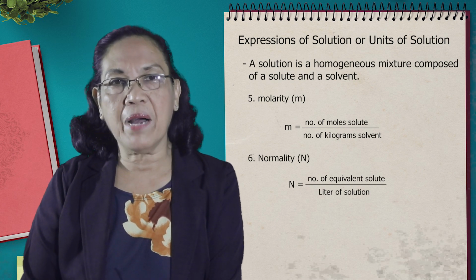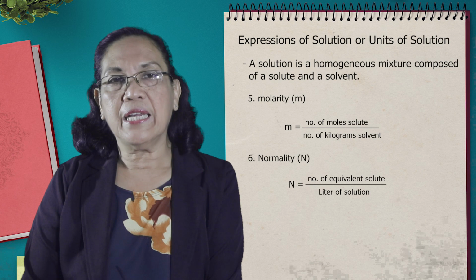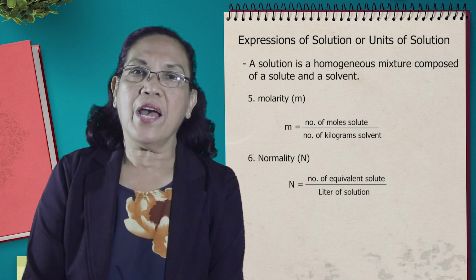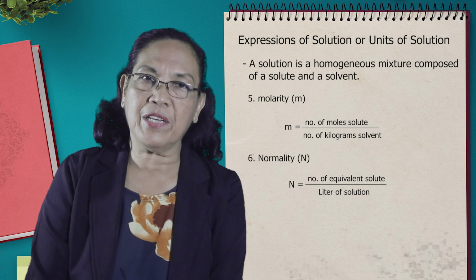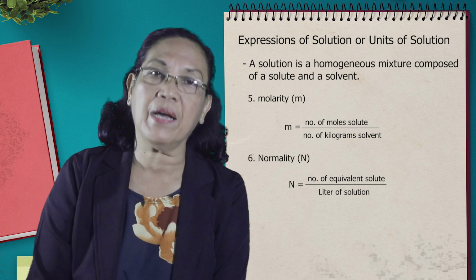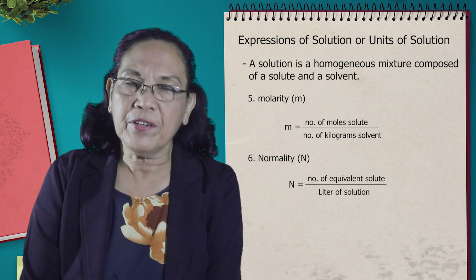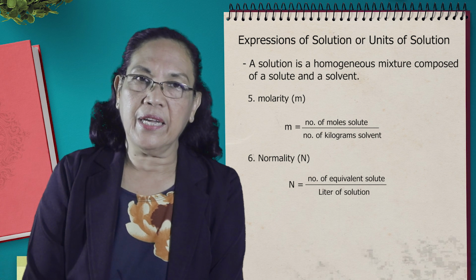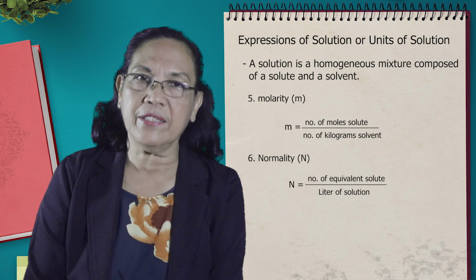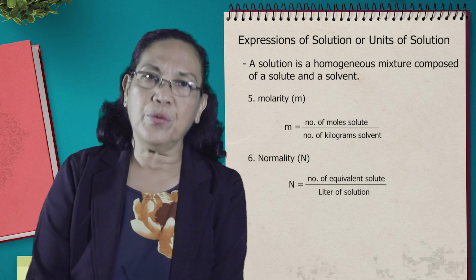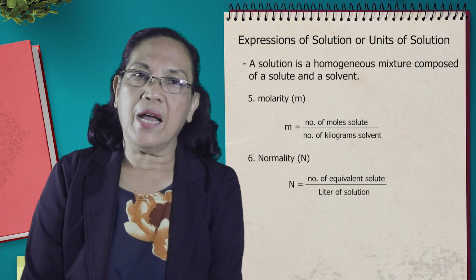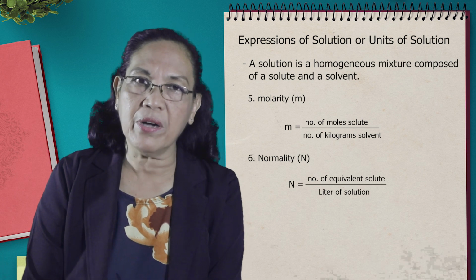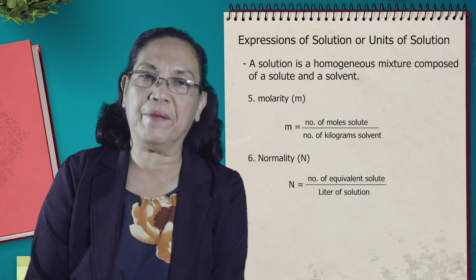But if you have magnesium hydroxide, you get the molecular mass of magnesium hydroxide and divide it by 2. And if your solute is aluminum hydroxide, we know that there are 3 hydroxyl ions, so the equivalent will be the molecular mass of aluminum hydroxide divided by 3.